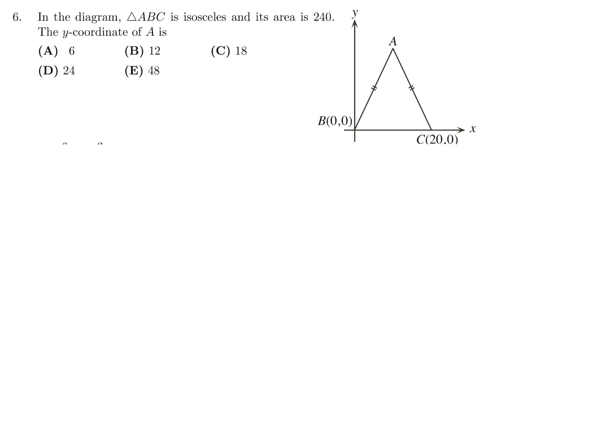In the diagram, triangle ABC is isosceles and its area is 240. The y-coordinate of A is. So the first thing I want to draw is a perpendicular from A down to the base there. And since this is an isosceles triangle, it will cut the base into 2 parts.